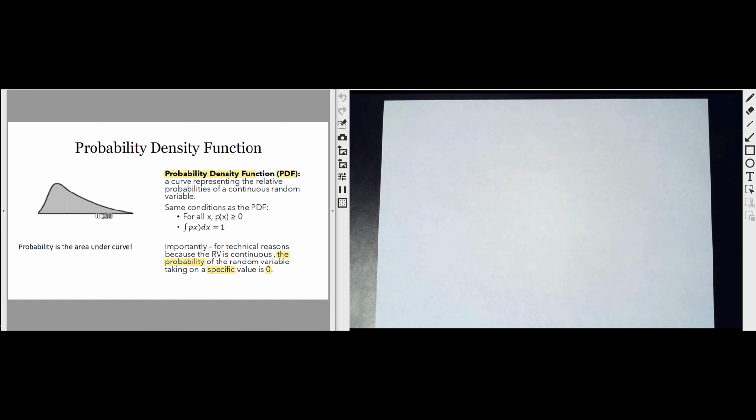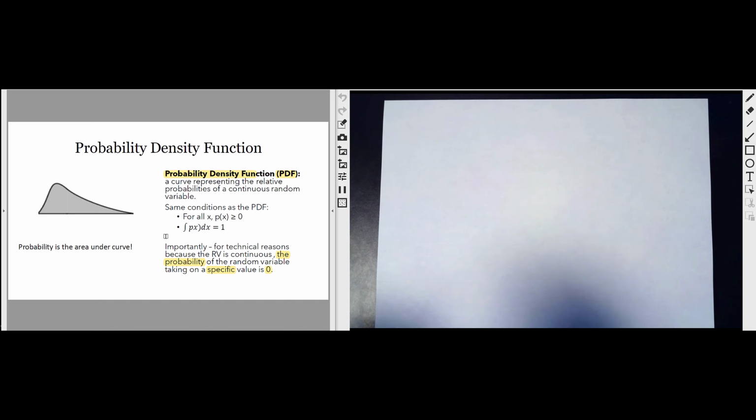Because although the probability of any specific value is always 0, the probability of being in a range near a specific value is always going to be some non-zero number, literally the integral of the density function between those two values. Okay, let me show you what I'm talking about.